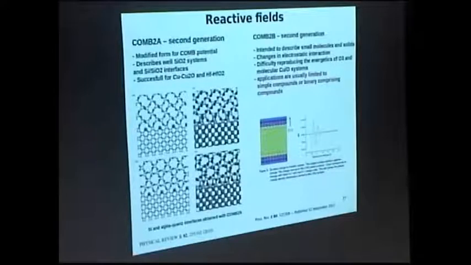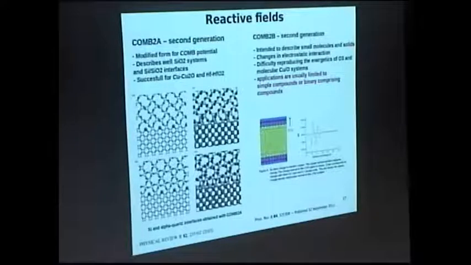Okay. Then we have the second generation of COMB. COMB has 3 generations, but the second generation came with a little bit of a problem, because they had to divide it in 2 branches, and none of them worked so well because they are not too transferable, as I explained to you.